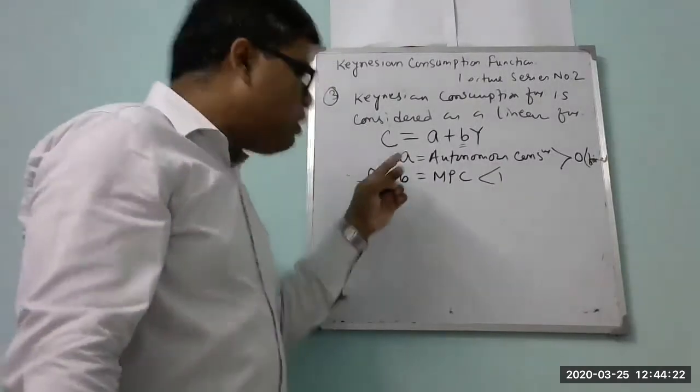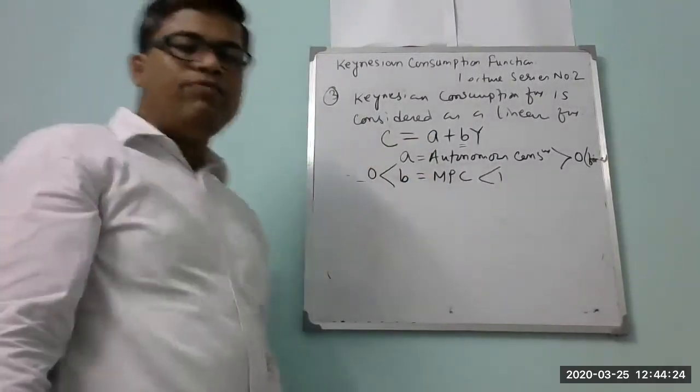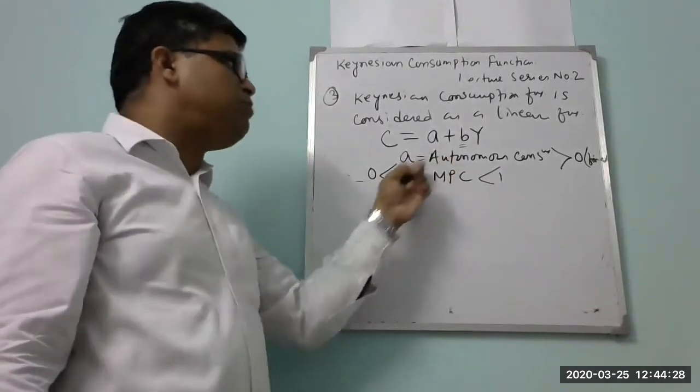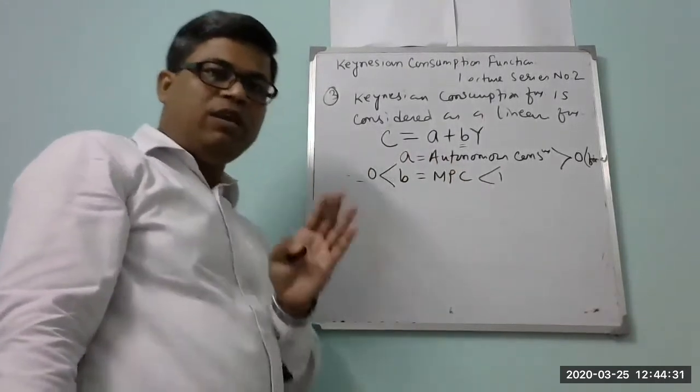So the consumption function is a linear function. It is an upward sloping straight line with a positive intercept but flatter than the 45-degree line.